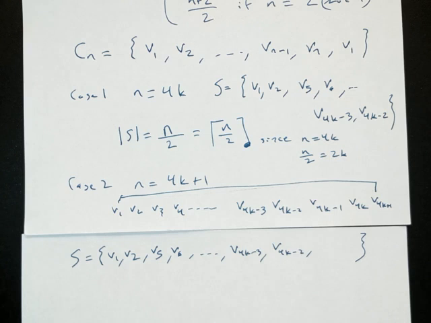V3 is covered by V2, V4 is covered by V5, 7 by 6, 8 by 7, 9 by 8, and so on, until I get to this one right here. Because 4k minus 2 covers 4k minus 1. V1 covers the last one, I missed the next to the last. How do I cover it? Pick one of its neighbors.